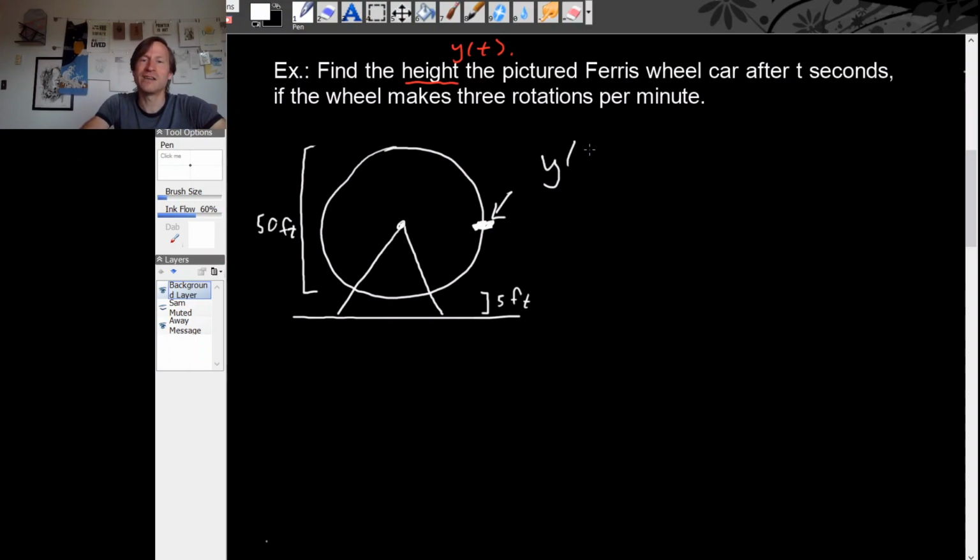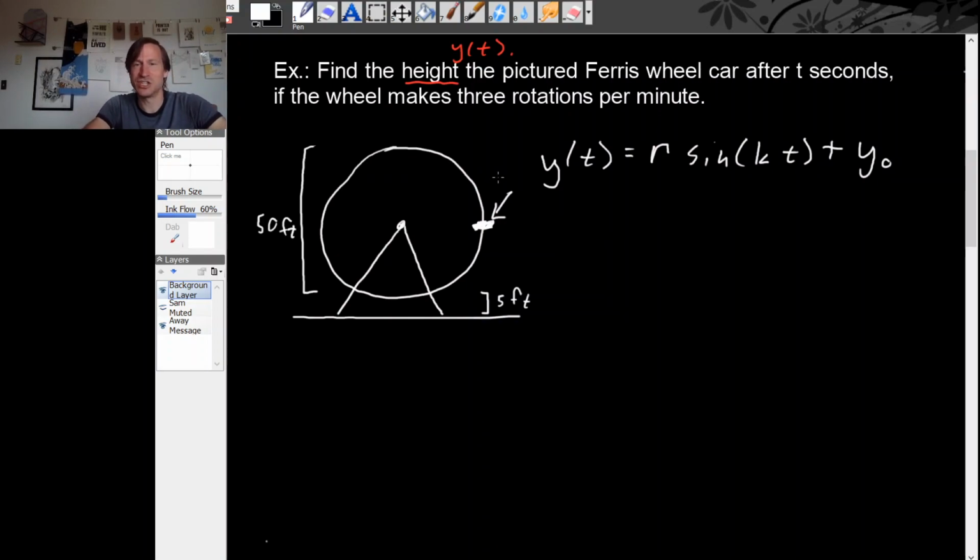So we know that y of t is going to be a sinusoidal function, and we know the amplitude is the radius of the circle times sine of, we need the angular speed here, times t, plus the height of the center of the circle.